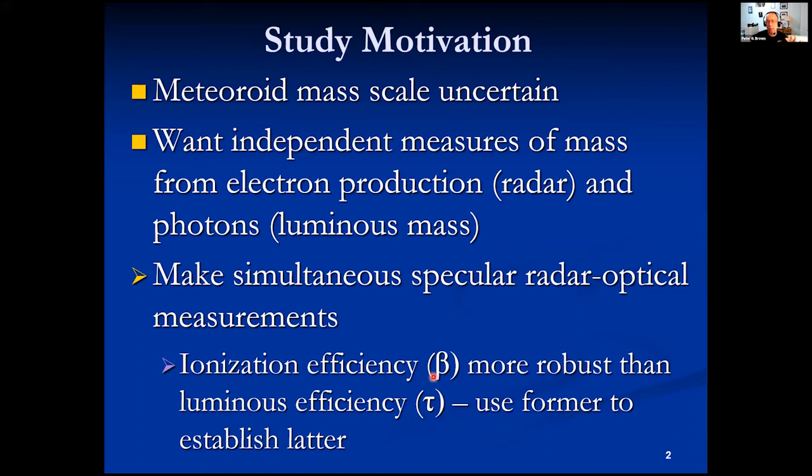So we have a pretty good idea of how many electrons are produced for a given composition. I'll talk a bit more about this. But what I'm going to try to do is leverage the notion that this is a bit better known than luminous efficiency. So we're going to try to make measurements where we can leverage that better understanding of beta to then invert for and get measurements of tau.